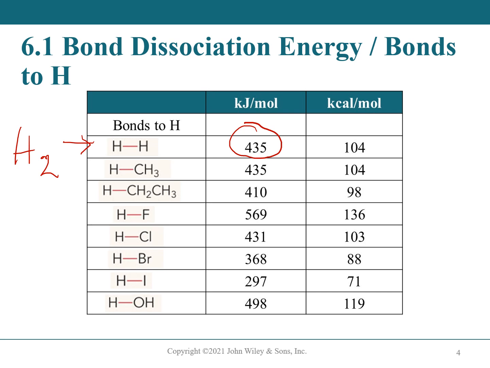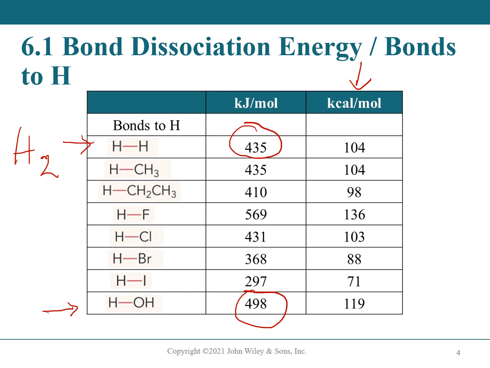We have 435 kilojoules per mole. We really won't utilize this other unit, kilocalories per mole, this semester, but kilojoules per mole, you should become more familiarized with that unit. There's also some other common bond dissociations, like the HO bond in water would be 498 kilojoules per mole.